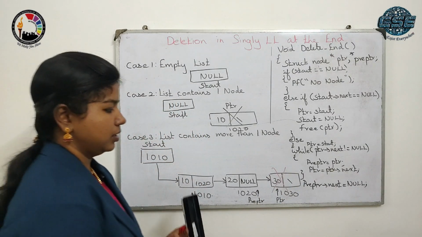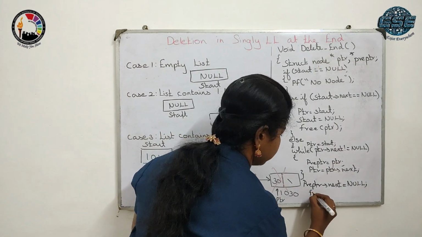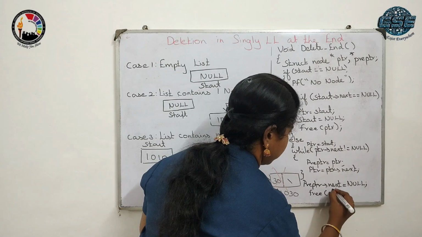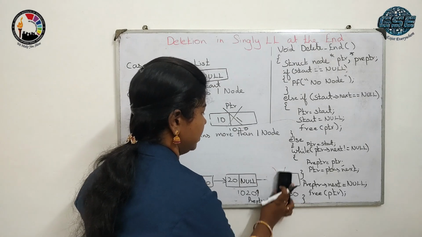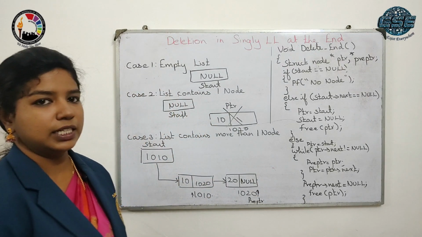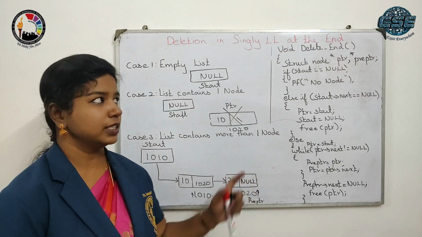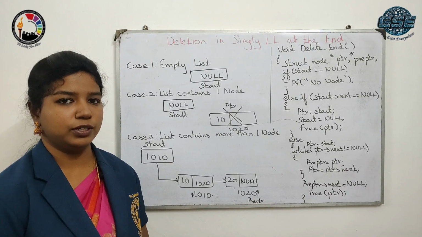After we make the pre-pointer of next null, we have to free the pointer variable. So this link will be deleted, and this node will be deleted from your linked list. So this is the end of the deletion at the end of a singly linked list.